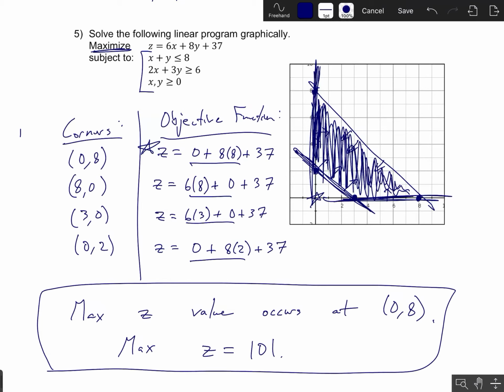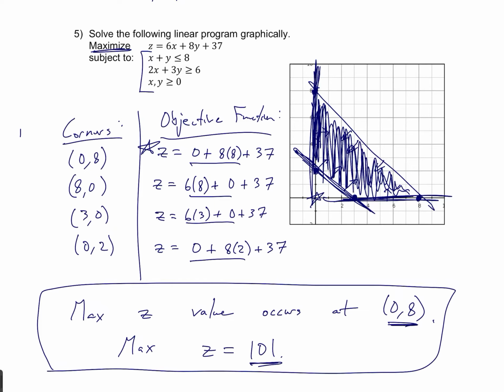So usually in these linear programming problems, we'll be reporting both of these bits of information. So we want to know what the parameters need to be in order to maximize z, but we also care about what the maximal z value is. We'll see some examples next week of what these different variables could mean, but x might be the number of hours that you need to bring in a certain person, and then y might be the number of hours that you'd need to bring in a certain other person in order to maximize z, the total number of documents that they can type up, something like that, right?